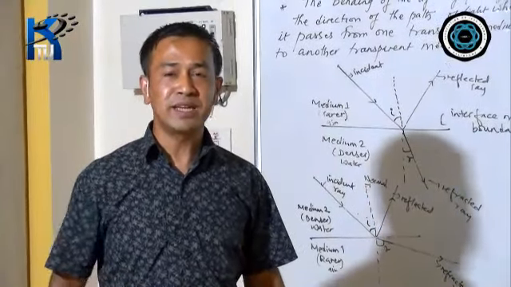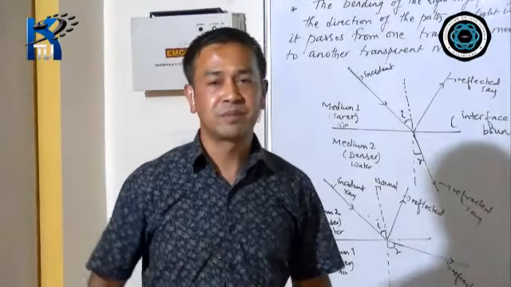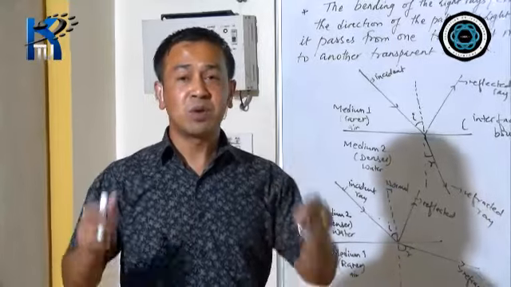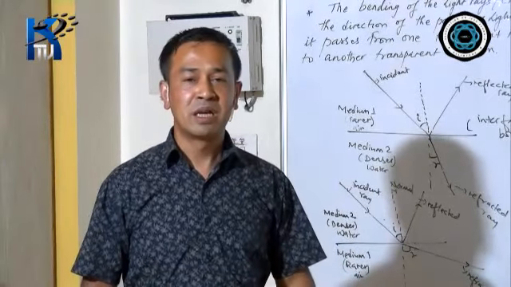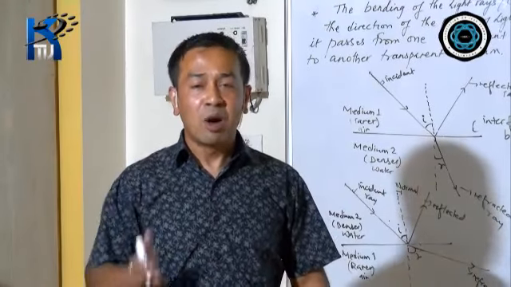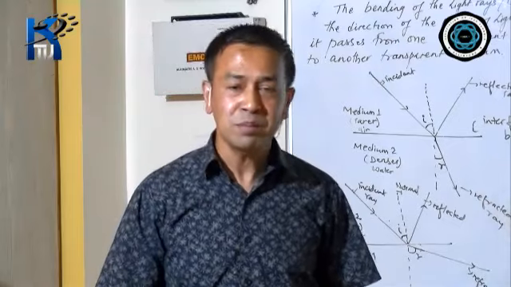The refractive index is a relative property of two media and is a measure of the bending ability of light rays when they pass from one medium to another. That means the refractive index value determines by how much the light bends in a particular medium when it passes from another medium.